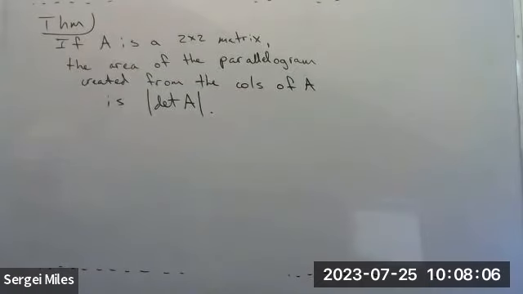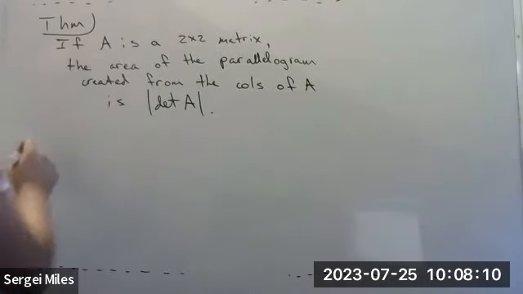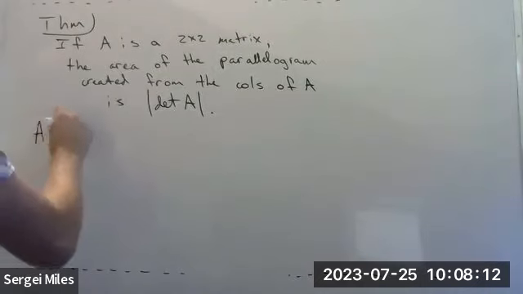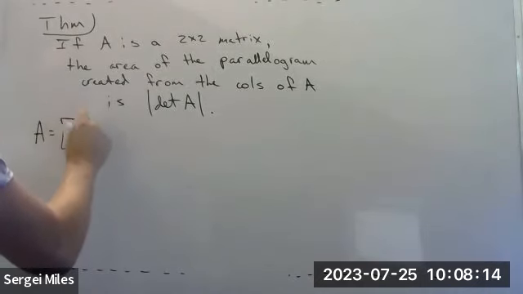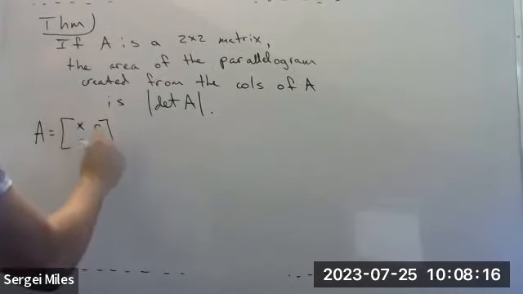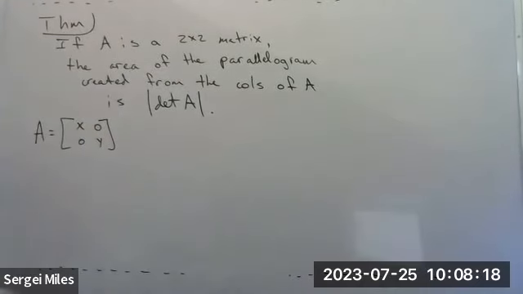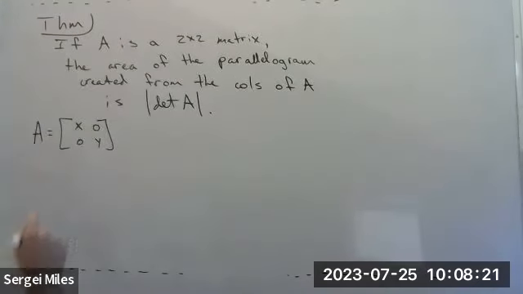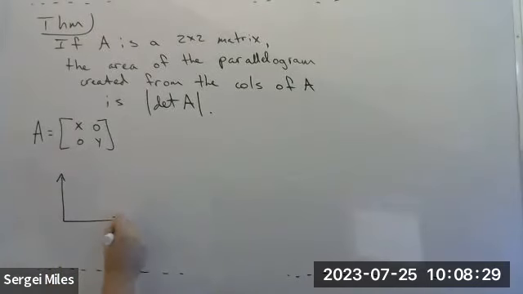Why is this theorem true? This kind of seems out of nowhere, right? Well, imagine with me. Let's suppose A is the matrix x, 0, 0, y, right? What does this look like when I graph it? Well, x0 is in the x-axis direction.